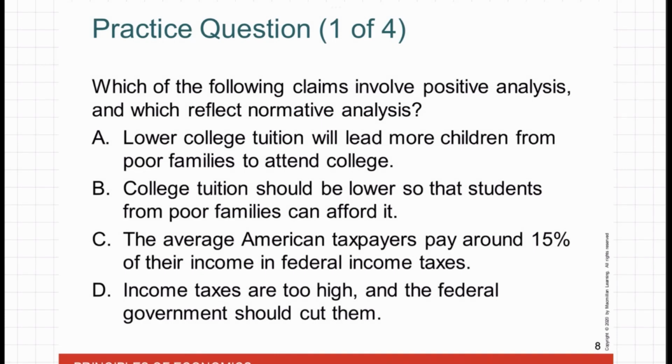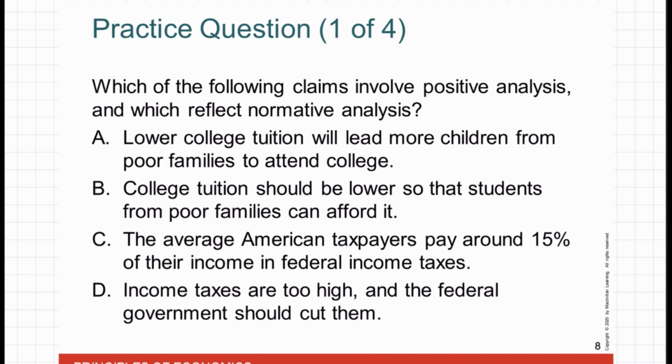Let's take a look at these practice questions in the PowerPoint, page 8. Which of the following claims involve positive analysis and which reflect normative analysis? Number A, lower college tuition will lead more children from poor families to attend college. There are no individual opinions, right?